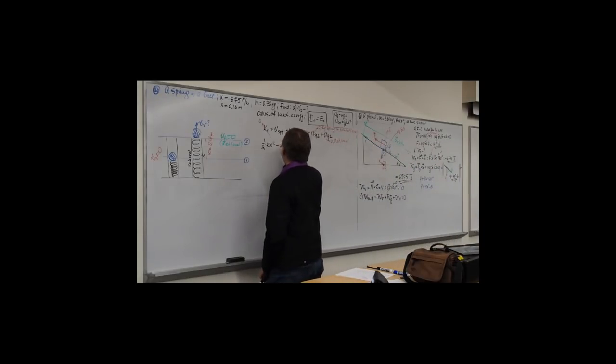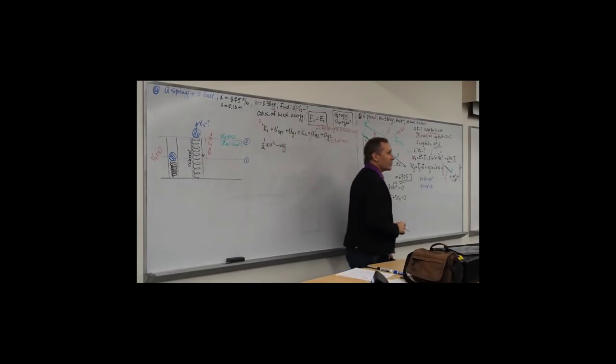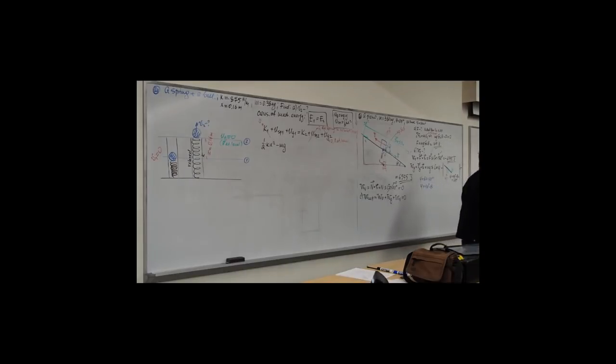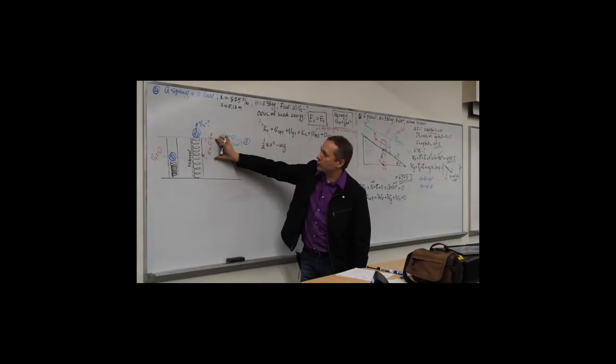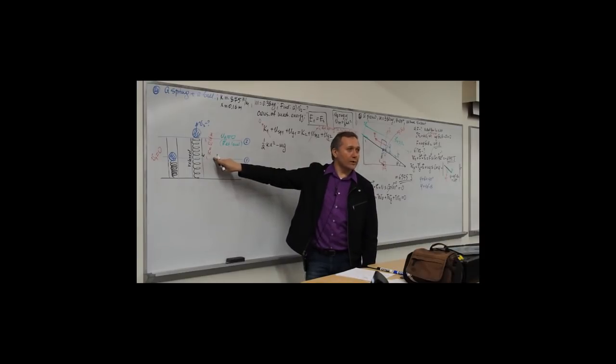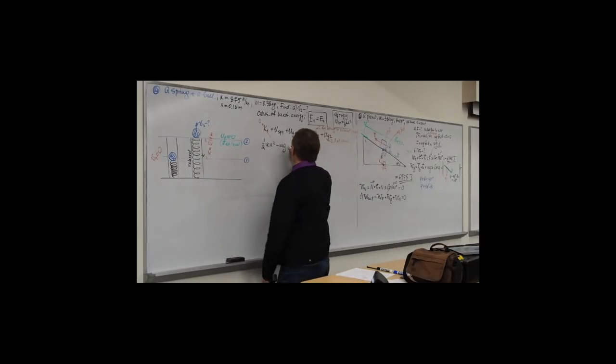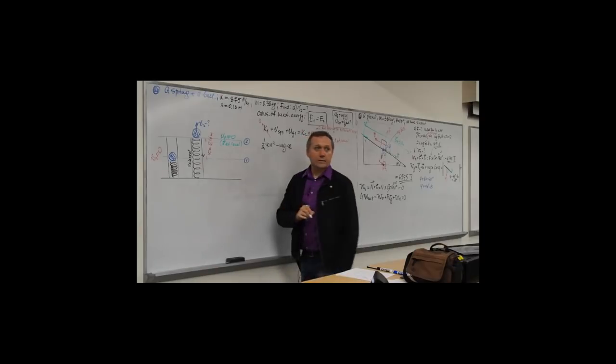So it's a minus mg. And what's the value of y in this case? It's x, 0.16. This distance between these two levels is the compression of the spring, so it is minus mgx.